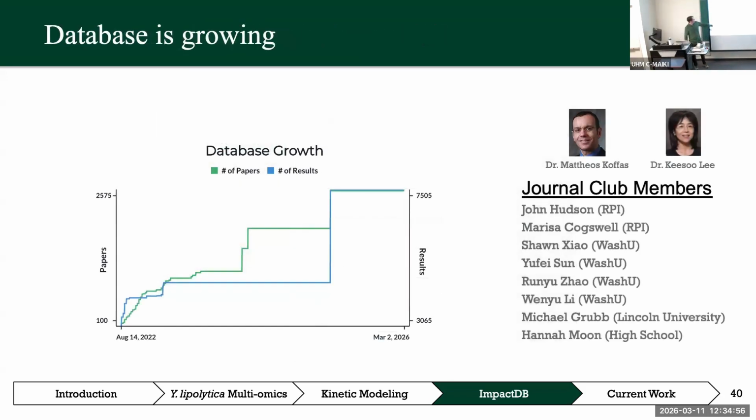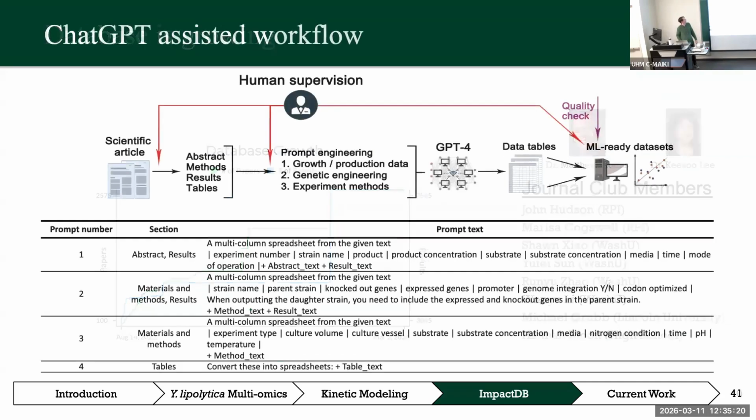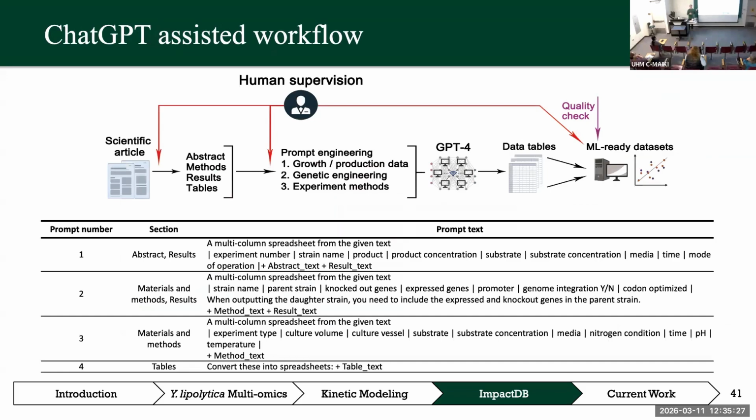And so you can see that at the beginning, it was growing incrementally. We were doing a journal club, and we would meet and together work on adding new results. But it's very slow. So then you can see there were some big jumps, and those big jumps came from AI. We wanted to see how we could use tools like ChatGPT to extract the data for us.